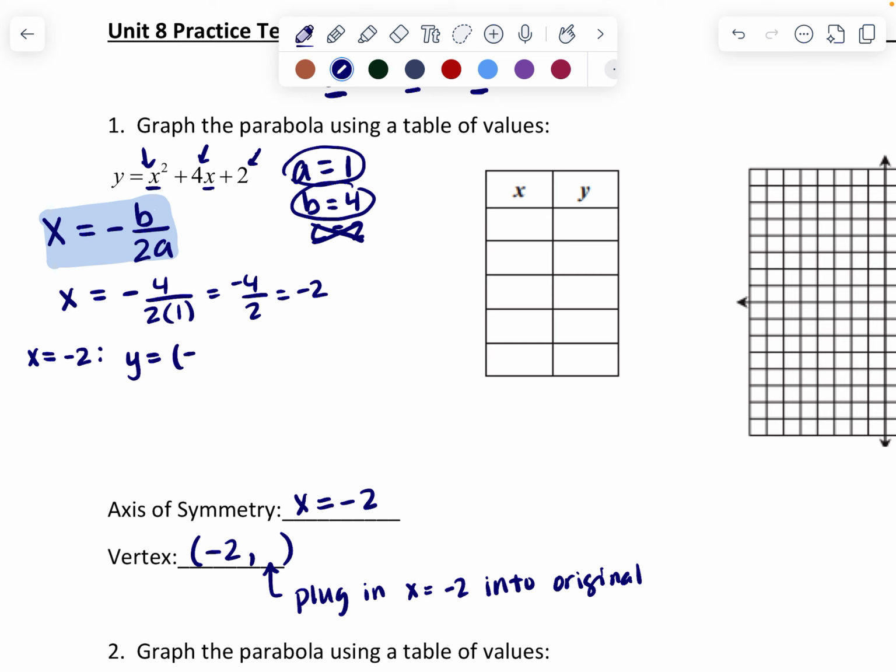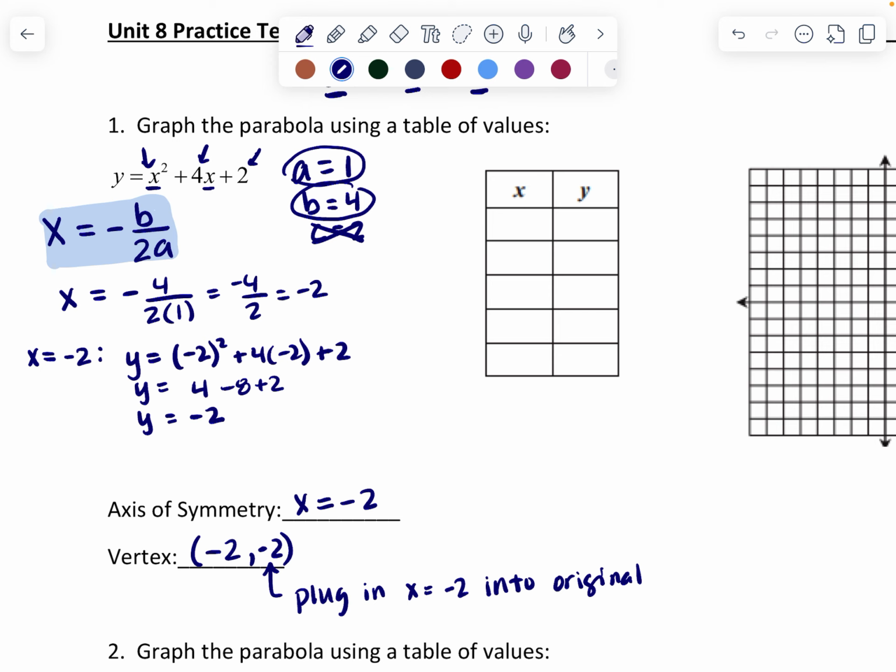So you're going to get negative 2 squared plus 4 times negative 2, and then plus 2. So that's going to give me y equals 4 minus 8 plus 2, which is negative 4 plus 2, which is negative 2. So my y value is negative 2. And you guys, look, the x and the y values are not always going to be the same. So just because it's negative 2, that's just a coincidence.